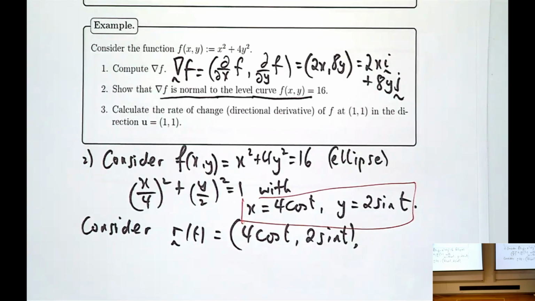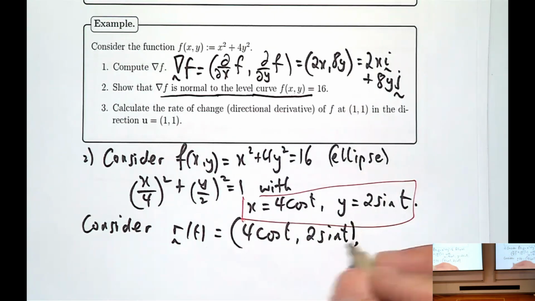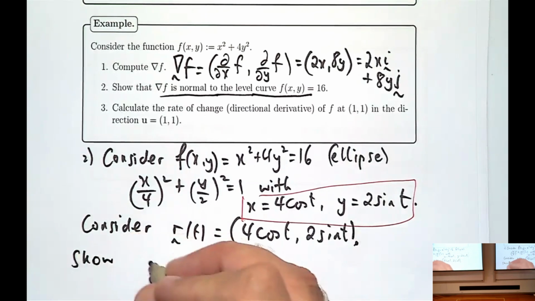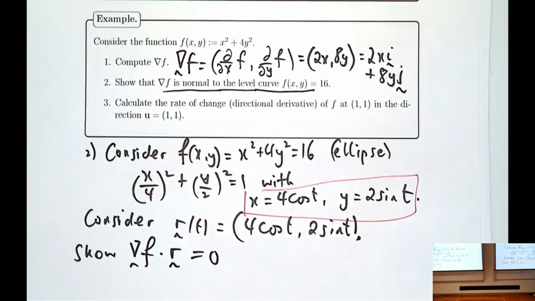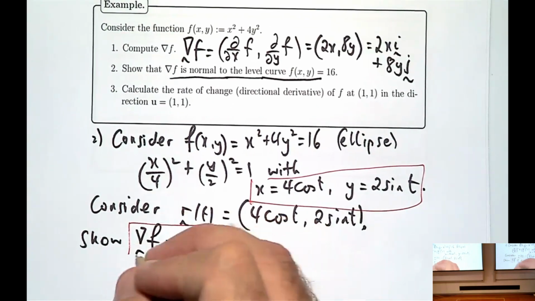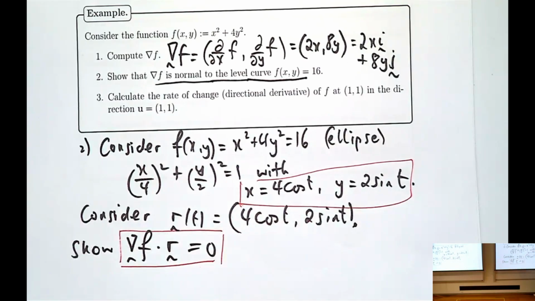So I've introduced it, right? I've said this and this represent points on the same curve, because you can use cos squared plus sine squared equals 1. So that's basically what we want to show.